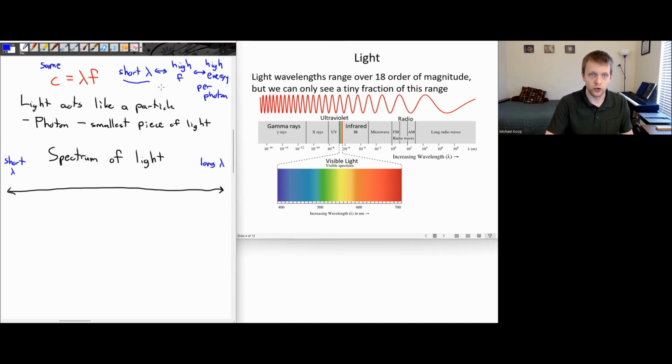Well, we said if it's short wavelength, it's got to be high frequency and high energy per photon. So over here we have high frequency and high photon energy. On the other side, we'd have low frequency. If it's a long wavelength, it's a low frequency beam of light, and it's got a lower photon energy.